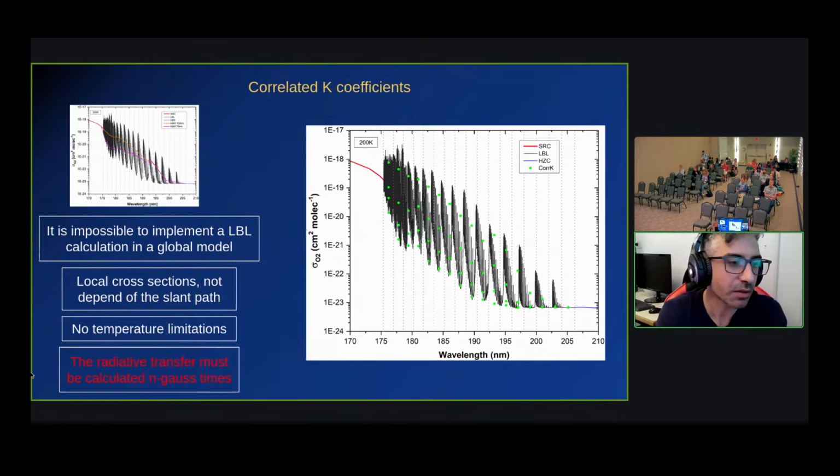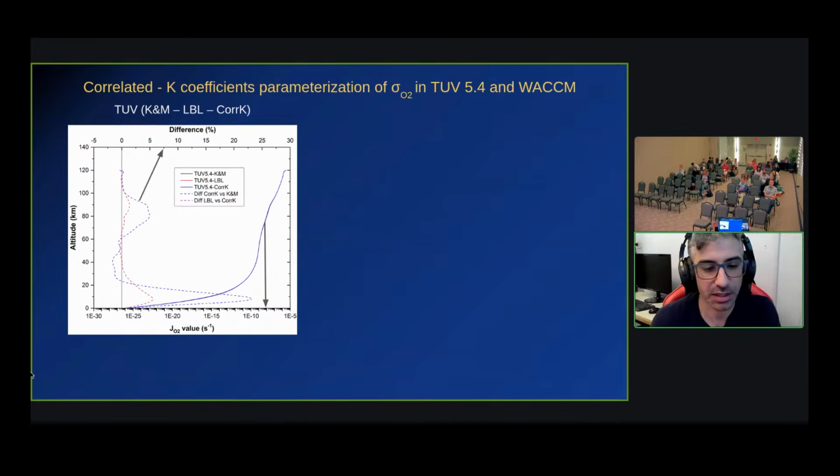We need to take into account that the radiative transfer must be calculated n Gauss times. We can develop this parametrization for 4, 8, or 12 Gauss points, increasing the computation time.